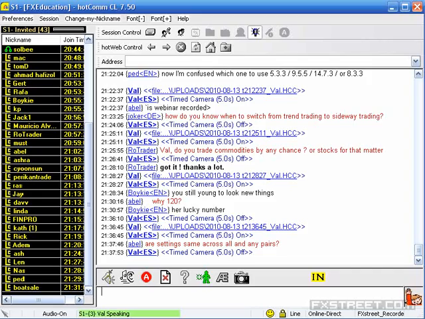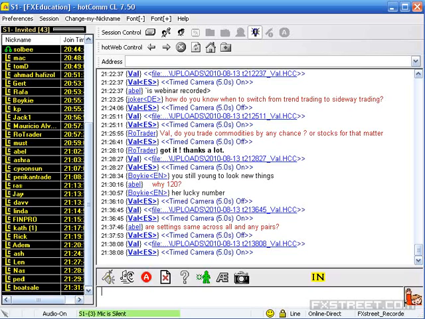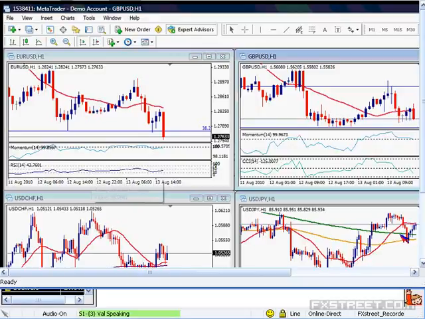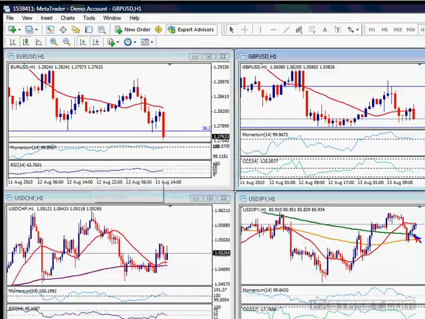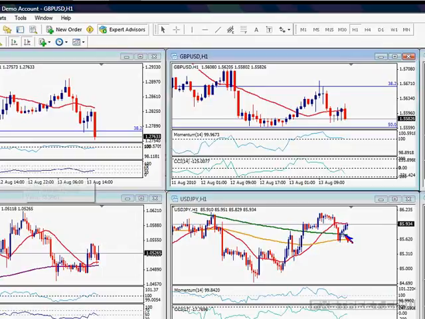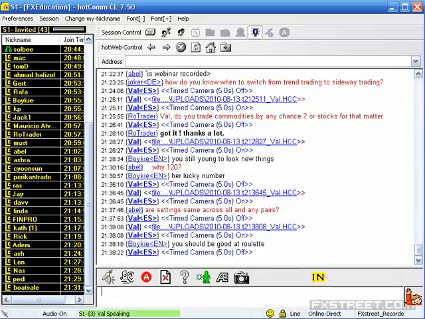I don't use the same indicators in every pair. As you can see, I have, for example, different moving averages for Japanese yen crosses. In some pairs I use relative strength index, in some commodity channel index, 17 or 14 periods. In here, 14 periods. I don't use the same.